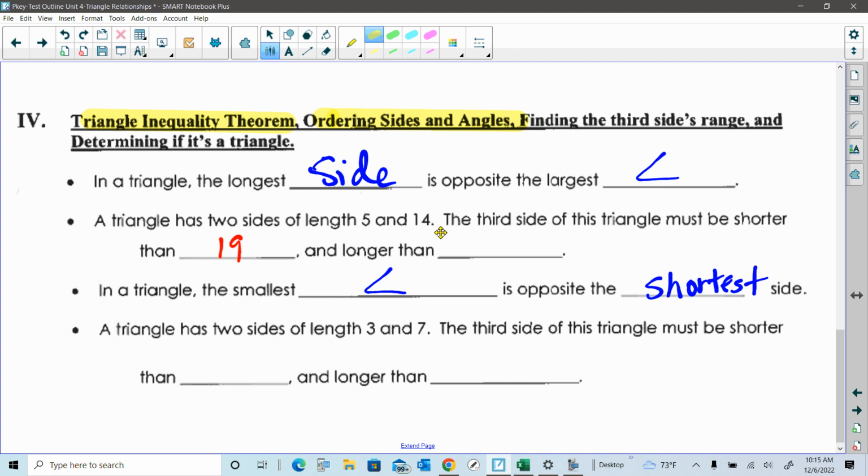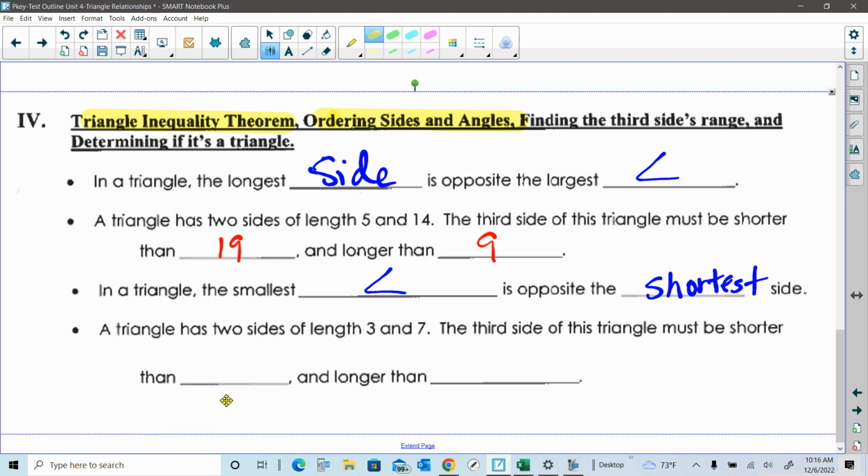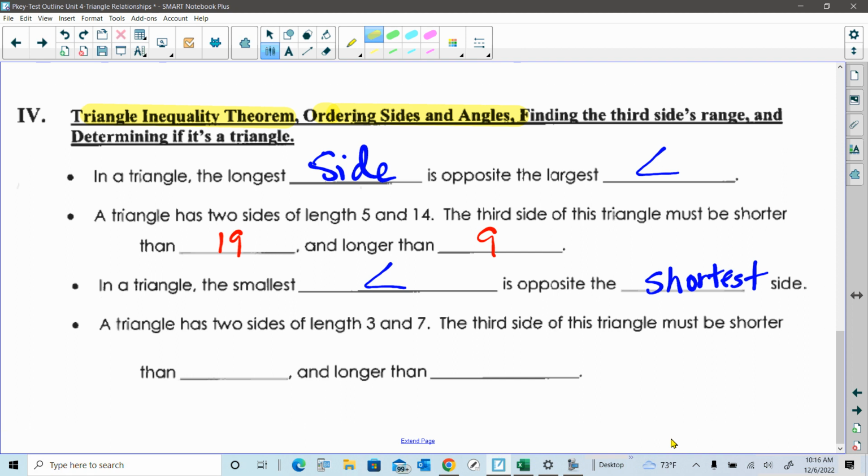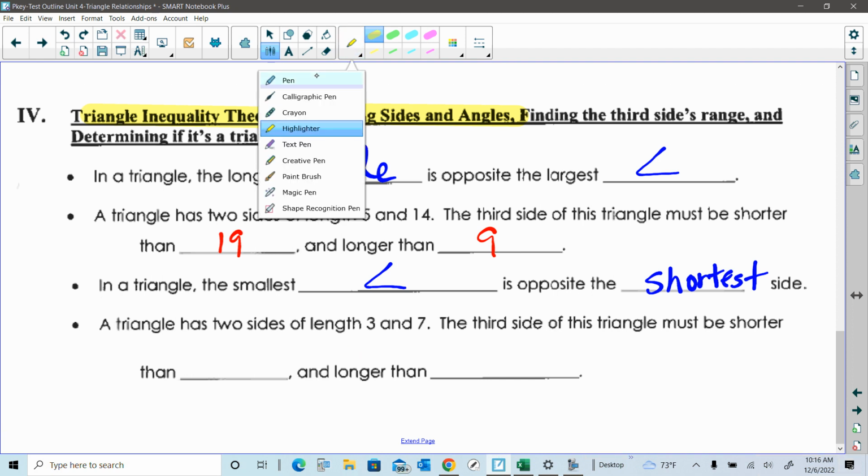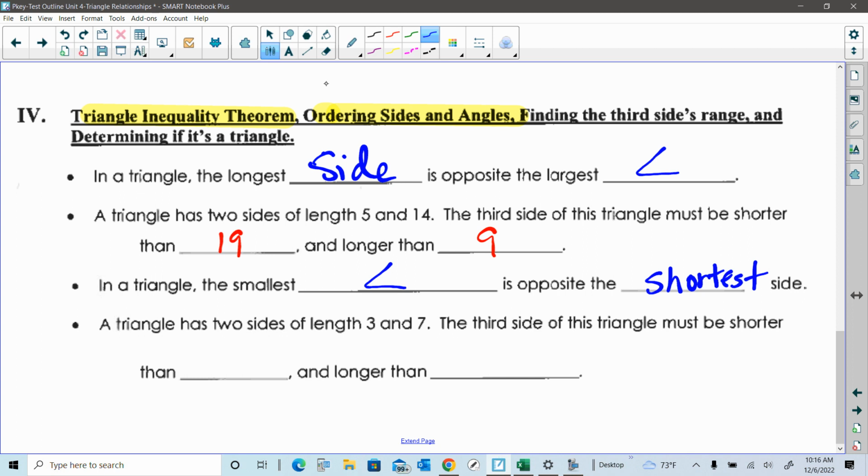The minimum is subtracting the 2, and you would get 9. So hopefully, on the last one, if the 2 sides are 3 and 7, it would have to be shorter than 10, but longer than 4.